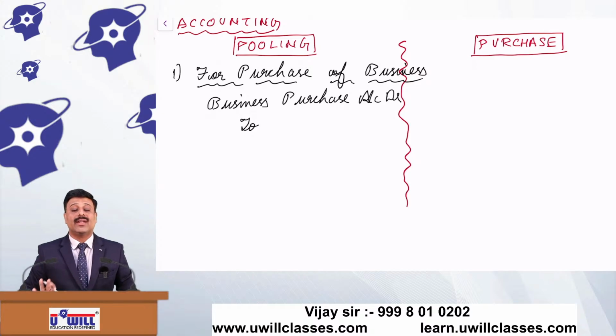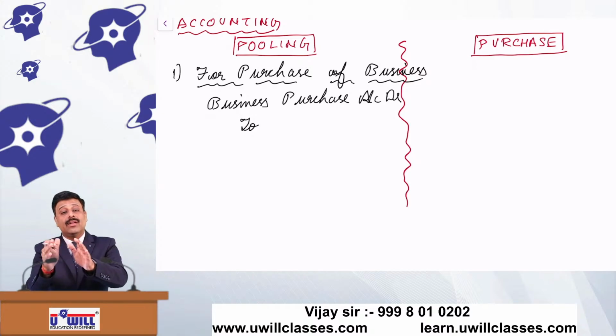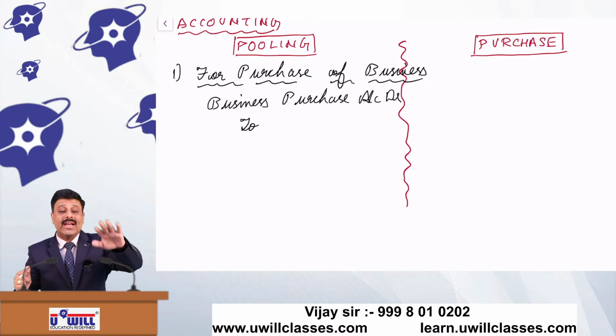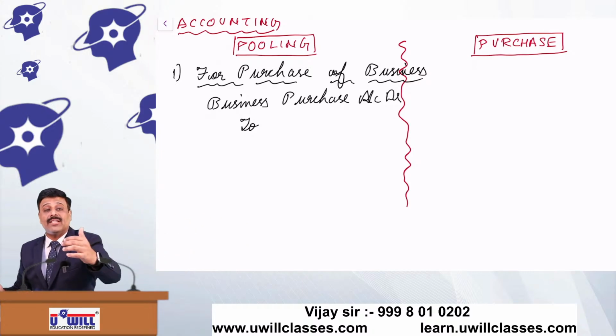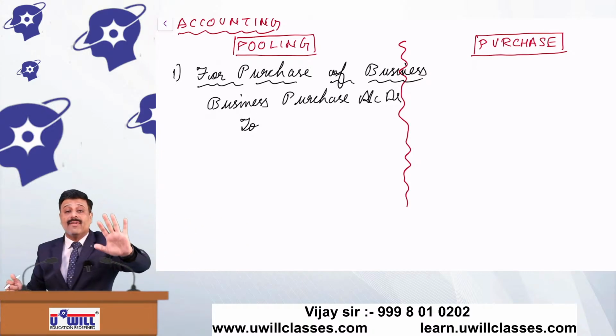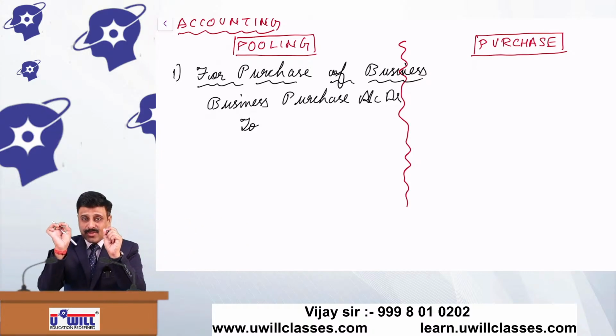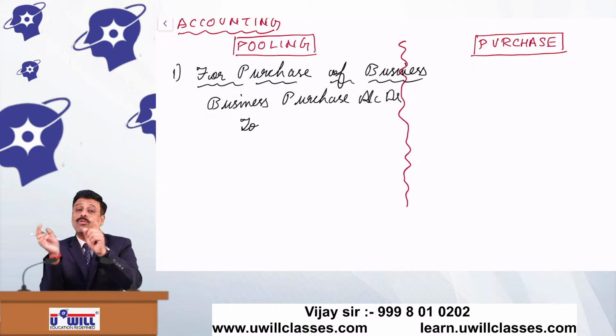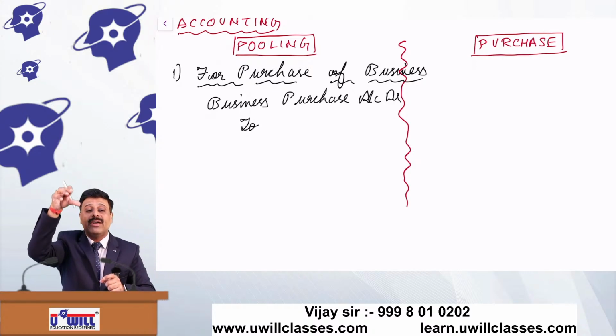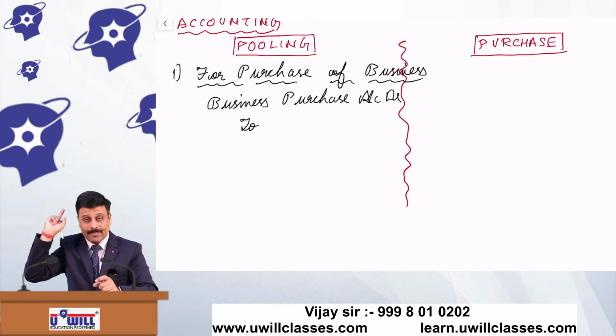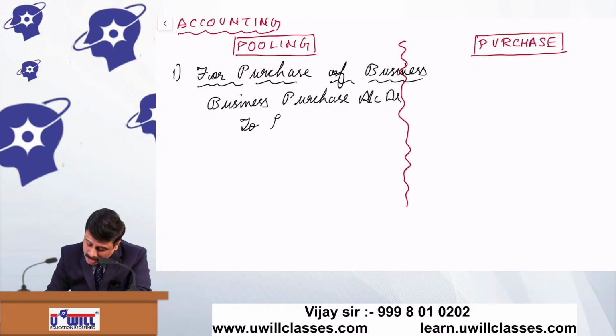Liquidator of transferor company, and then the liquidator will further do the distributions. Liquidator will pay to equity shareholders, preference shareholders, liabilities, everyone. So amount is payable to liquidator, credit the payables to liquidator of transferor company account.